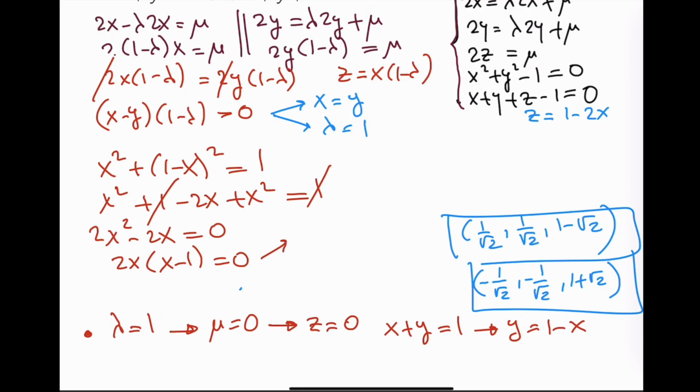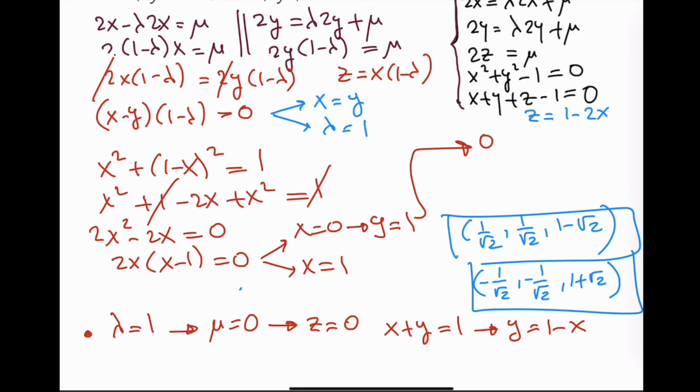So two possibilities again here. We have either 2x equals 0 or x minus 1 equals 0. Okay, so in the case x equals 0, we get that y is equal to 1, because y is 1 minus x, substitute in there. And that gives us the next point.